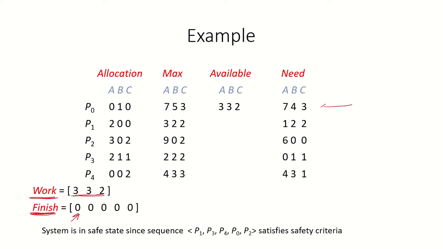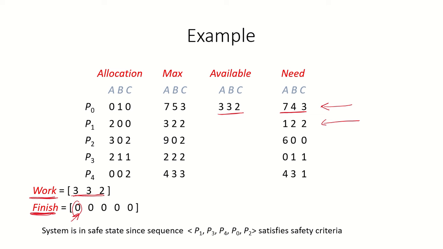So when we come over here for process P0, we see that its finish is false. So that is okay. That means this process is still pending execution. But if we compare its need with the available resources, we find that need is not less than available. Its need is more. So we come to the next index, which is index 1.